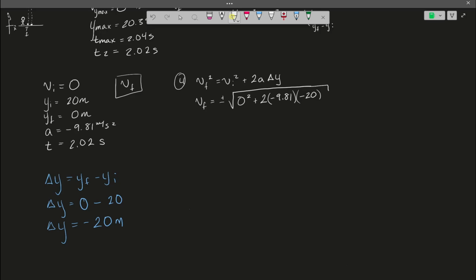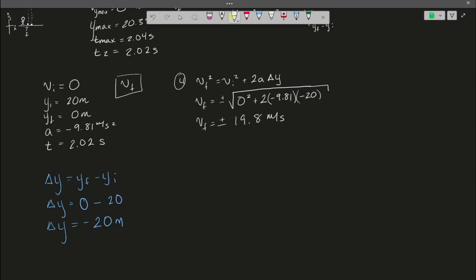So let's go ahead and just punch this into the calculator, right? And we get plus or minus 19.8 meters per second. I said it was going to be 20. We're close enough. That's within rounding.